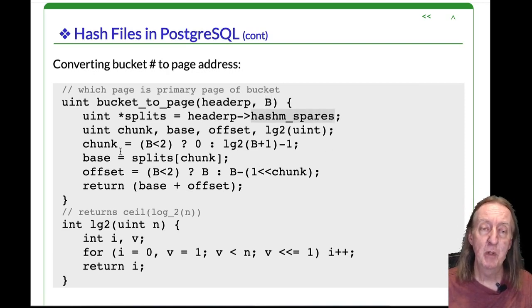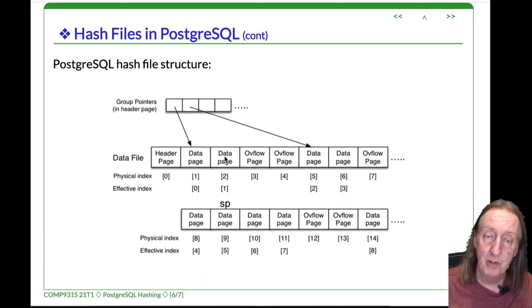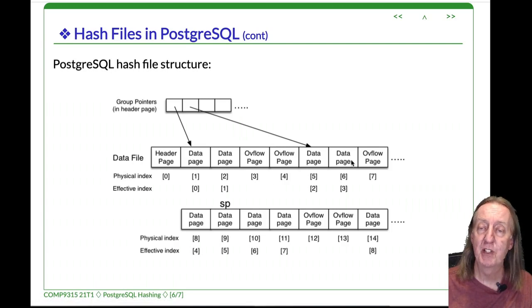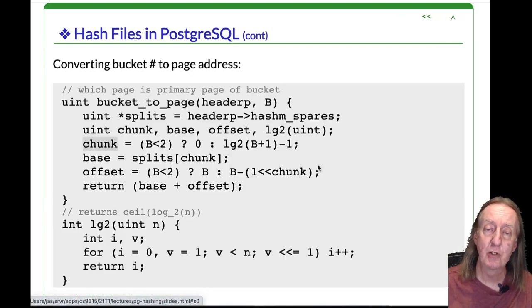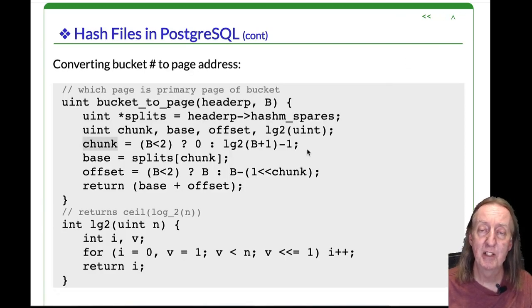First thing we do, we work out which chunk of data pages we're talking about. So like I said, that's the first chunk of data pages, the second chunk, the third chunk, and so on. So we need to work out which of those we're talking about, and this is the formula for doing that.